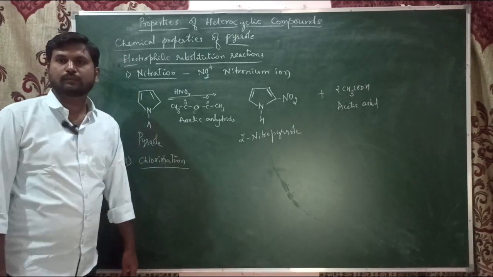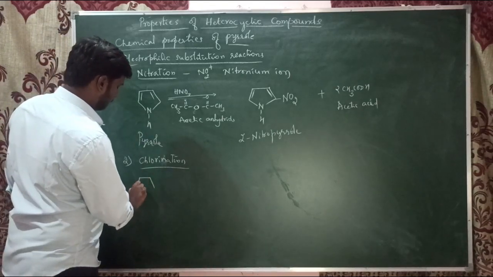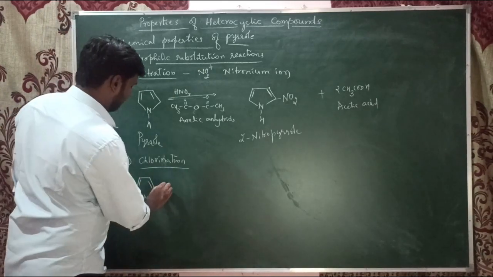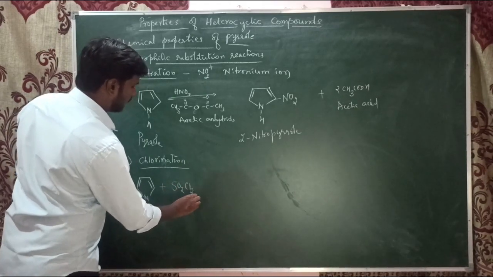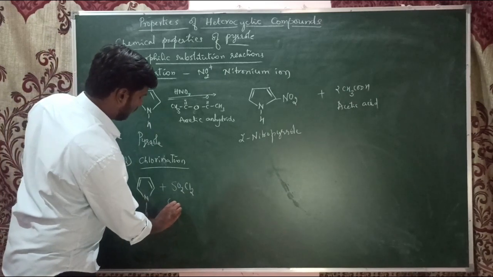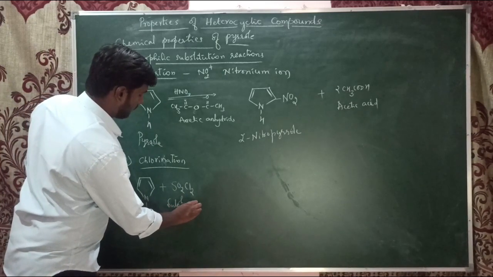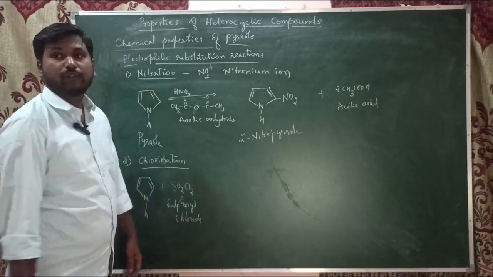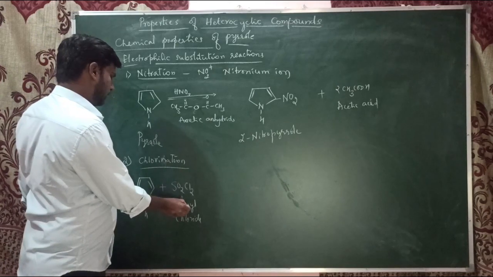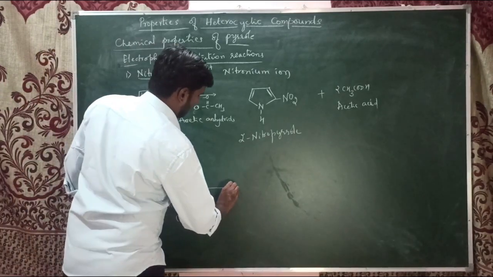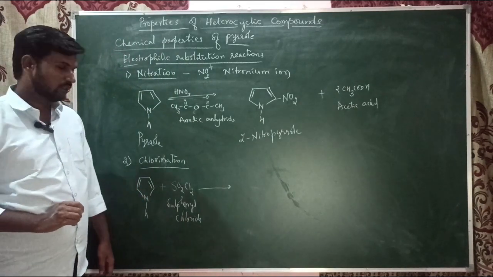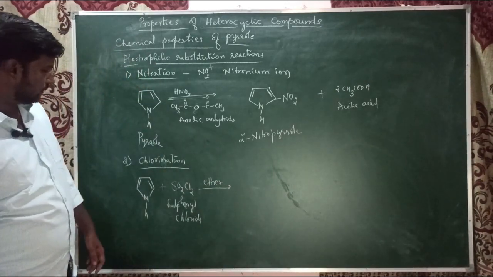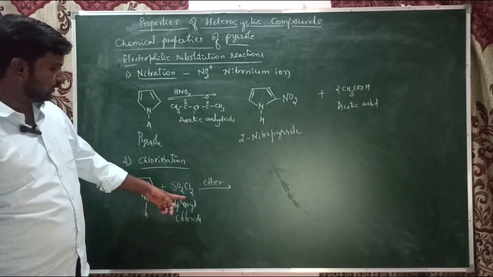When pyrrole is treated with chlorinating reagents like SO2Cl2, sulfuryl chloride, it easily undergoes electrophilic substitution reaction in the presence of ether, a solvent. So it readily undergoes this chlorination.